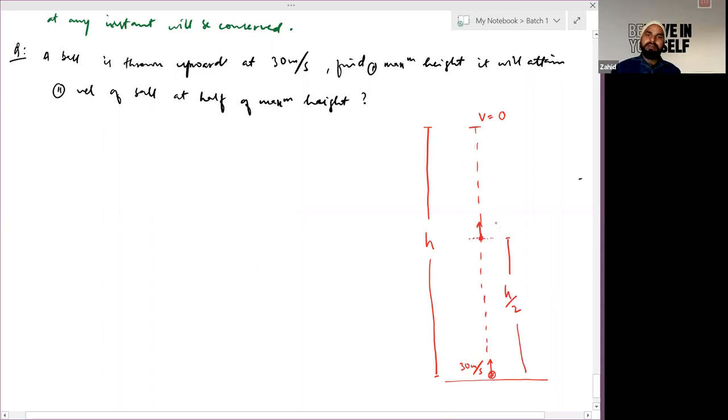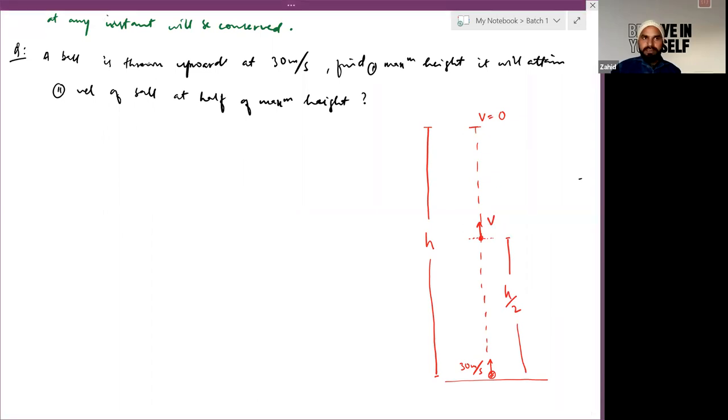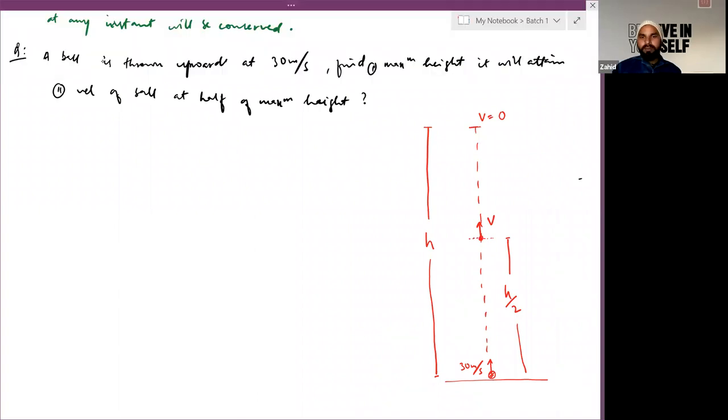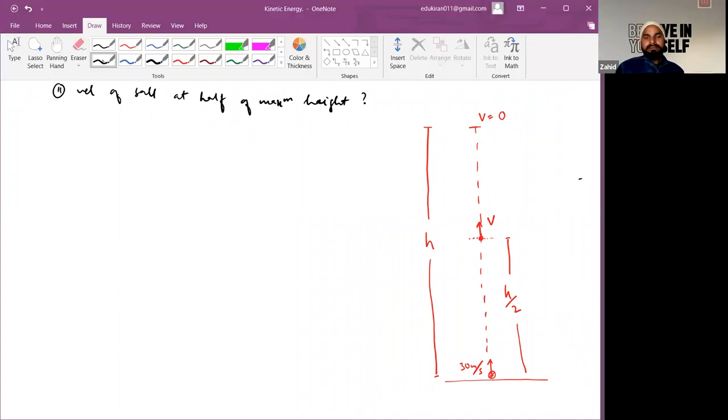So the velocity would be v. Just use conservation of mechanical energy, as there is no external agent doing work on the system.